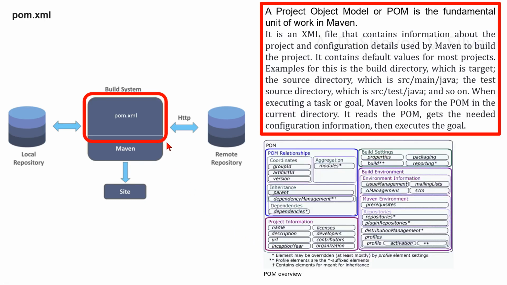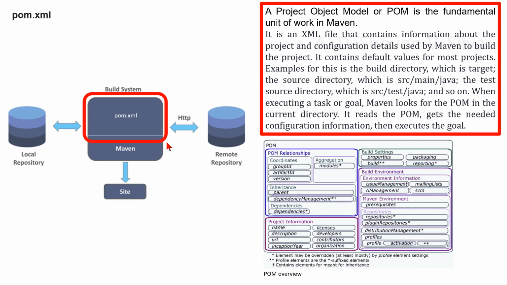Now we are focusing on pom.xml. A project model or POM is the fundamental unit of work in Maven. It is an XML file that contains information about the project and configuration details used by Maven to build the project. It contains default values for most projects.